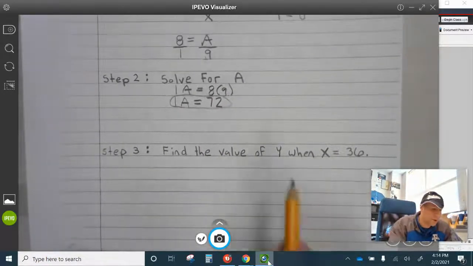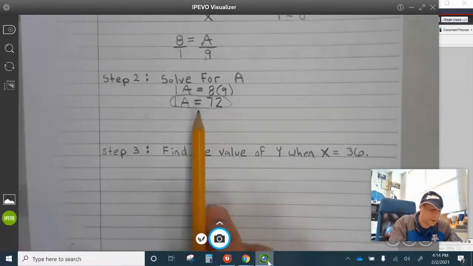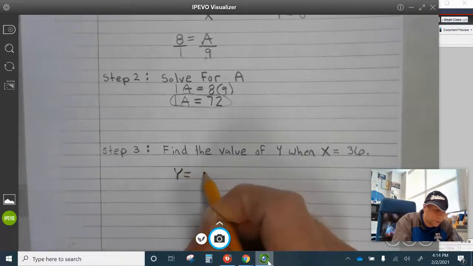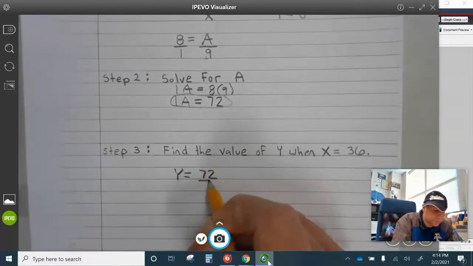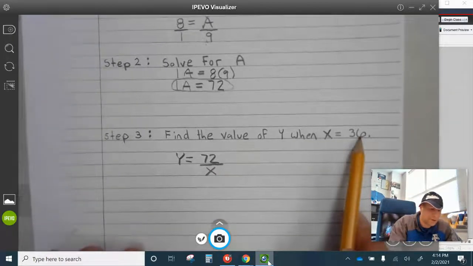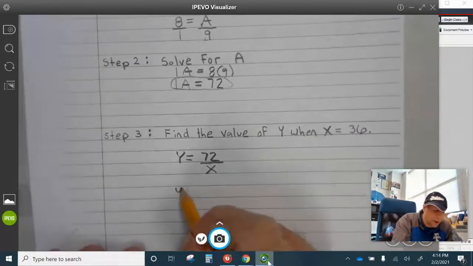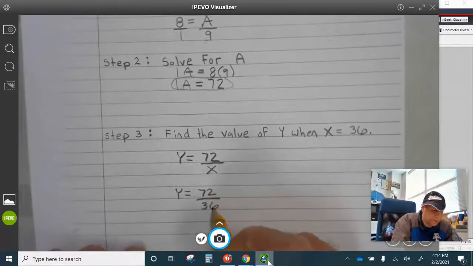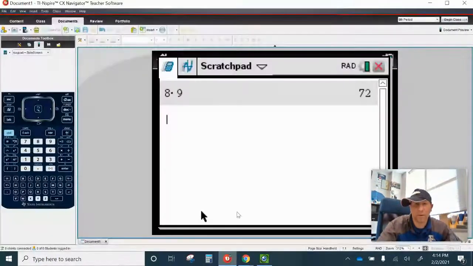Now that we know that a is 72, our equation is y equals 72 divided by x. In this case, we're given x is 36, so y equals 72 divided by 36. So again, we can use our Inspire calculator.